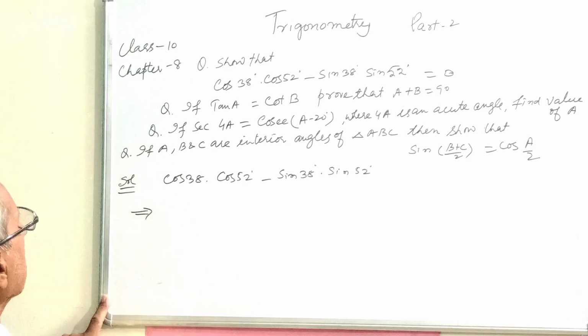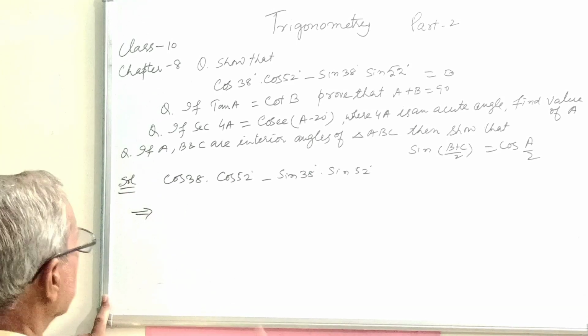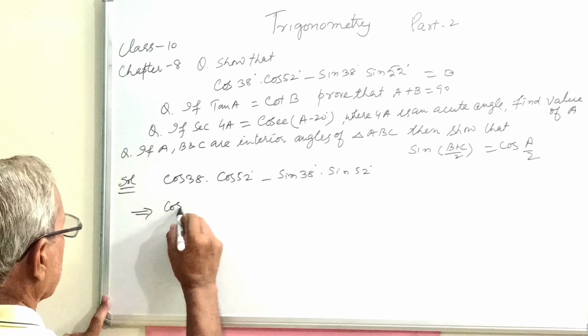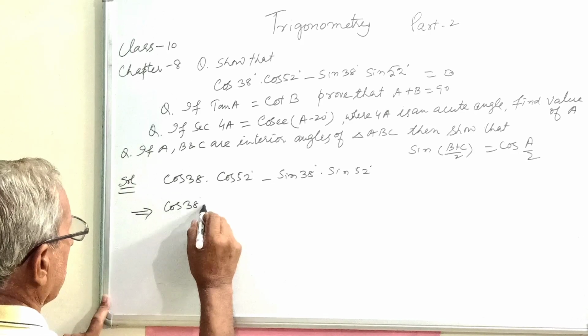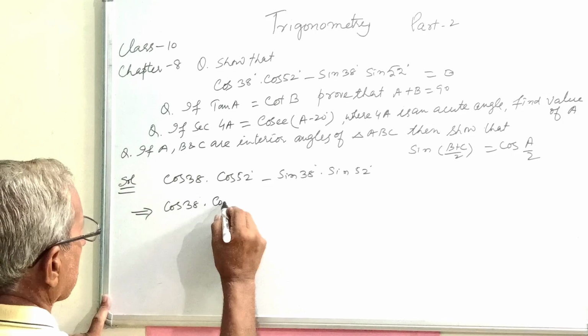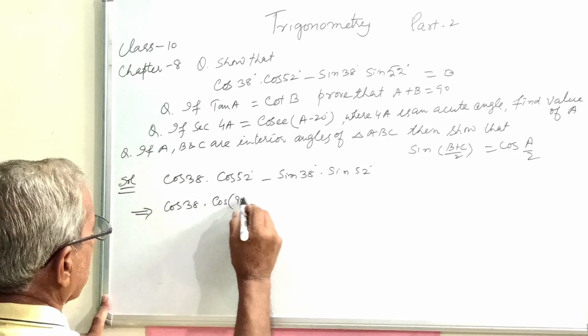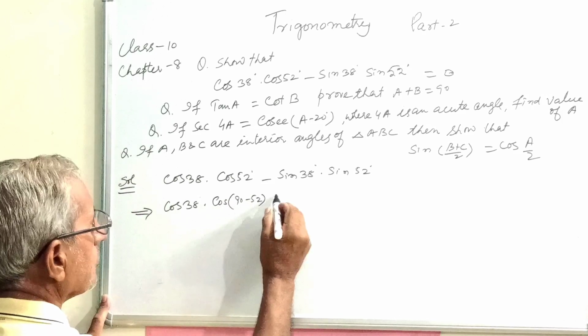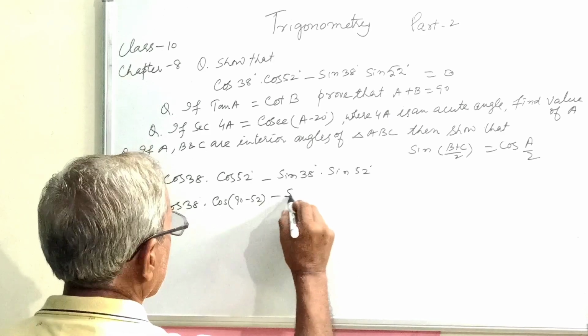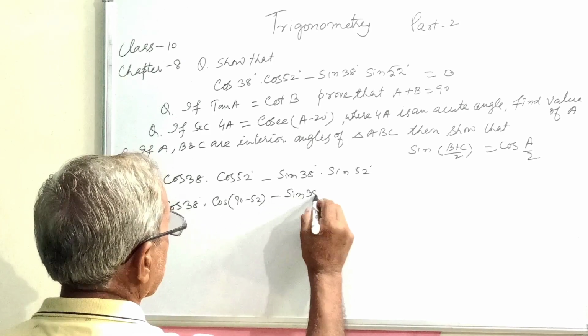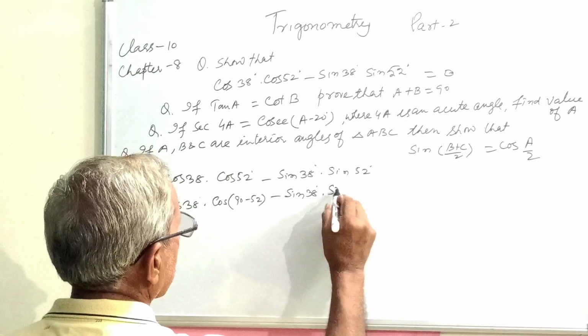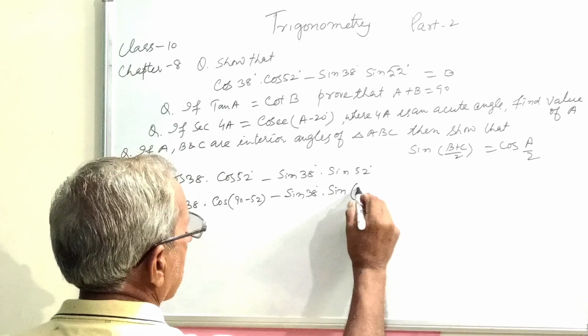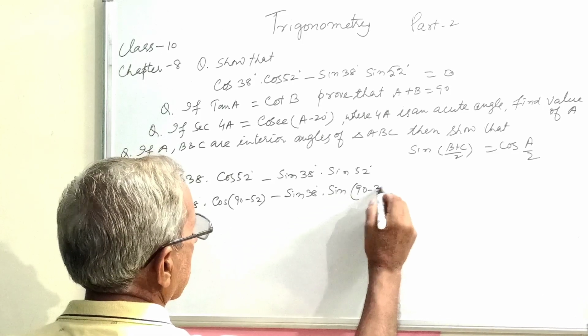So write these angles in the form of the complementary angle. So cos 38 degree into cos 90 minus 52, sin 38 degree into sin 90 minus 38.